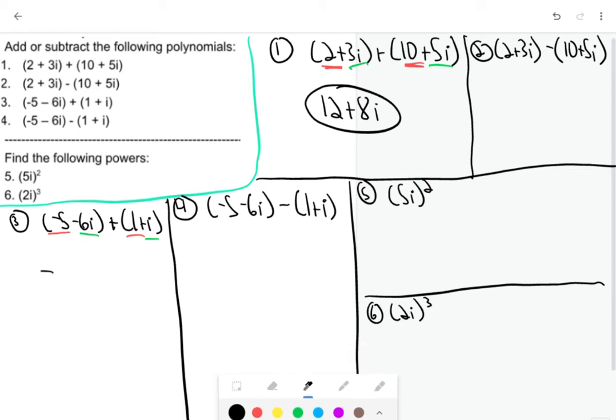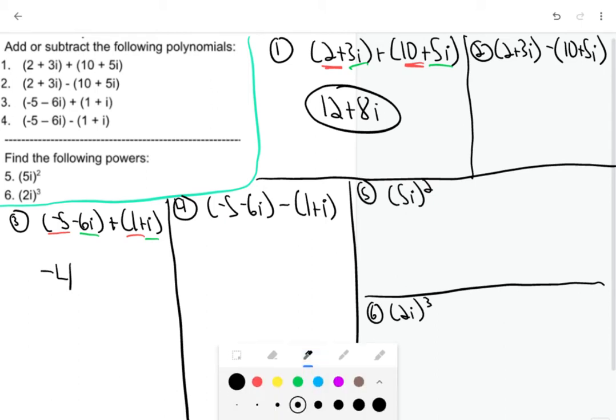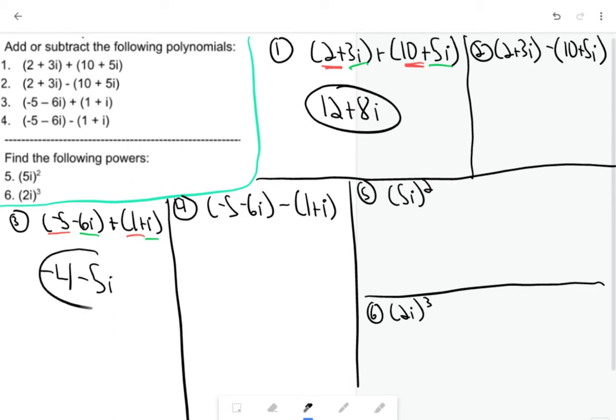That's going to become -4. And then I have -6i and +1i. So -6 and +1 becomes -5i. Put that together, I have -4 minus 5i. So those are the adding ones.